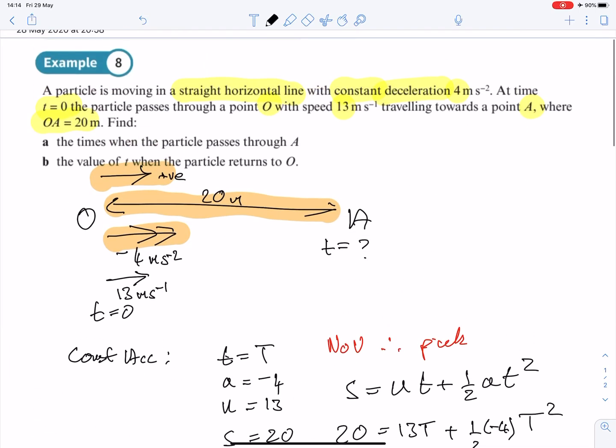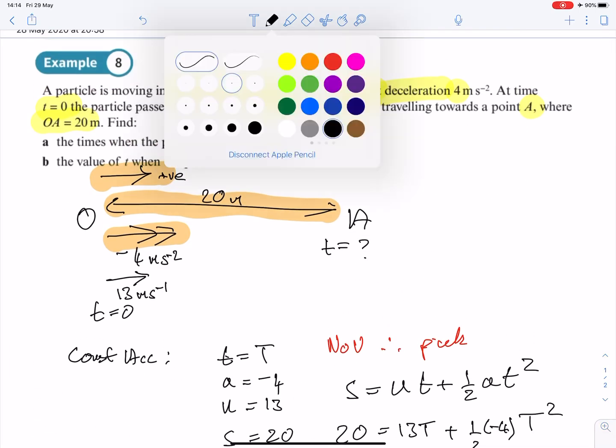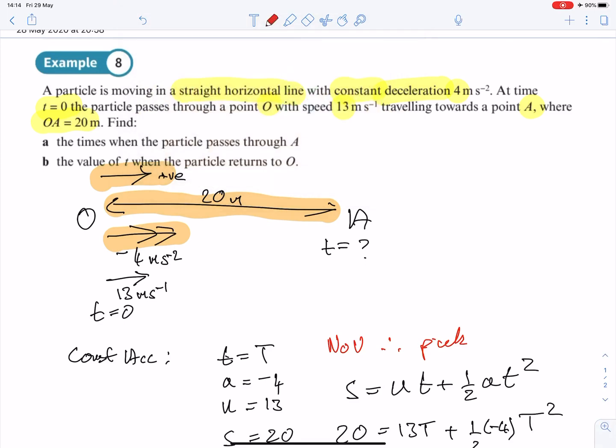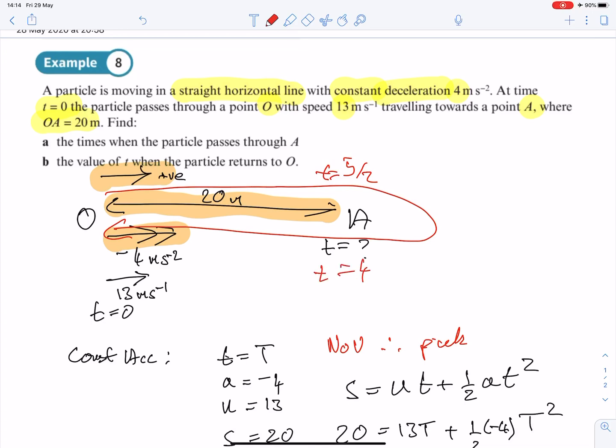So the particle moves in this kind of way. It's going away, it goes past A and it comes back. And it's here on the way out at t equal 5 over 2 and on the way back at t equal 4.